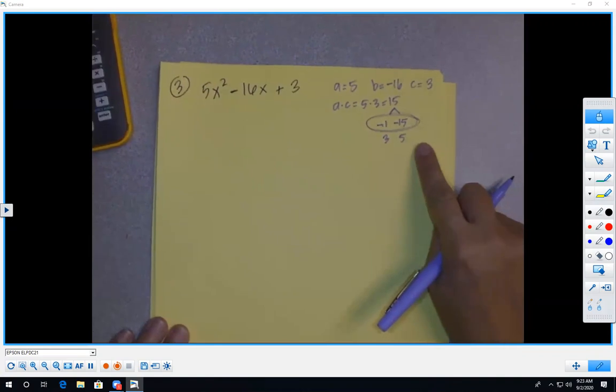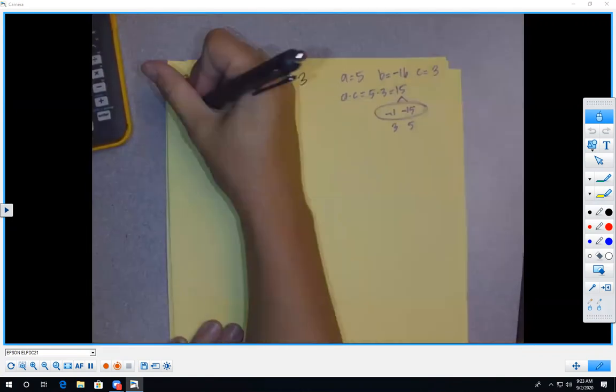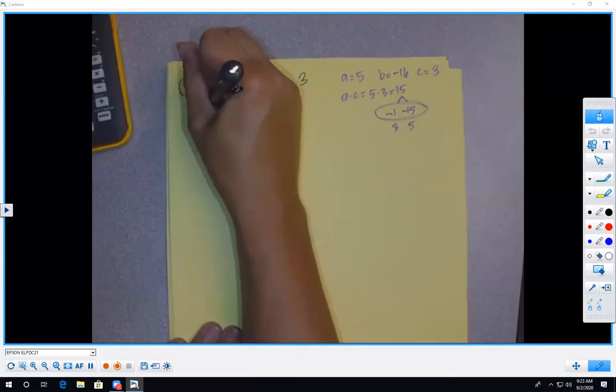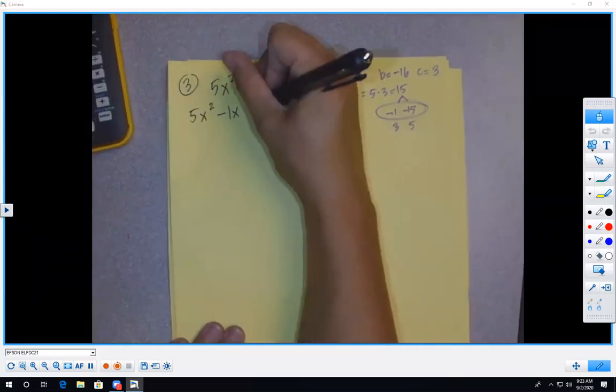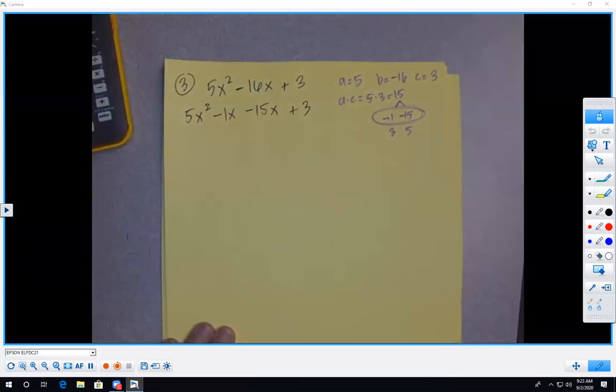So those are the numbers I want to put back into my problem now. So it's going to be 5x squared minus 1x minus 15x plus 3. What do we do now? Factor by grouping.